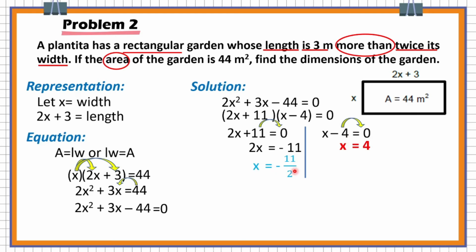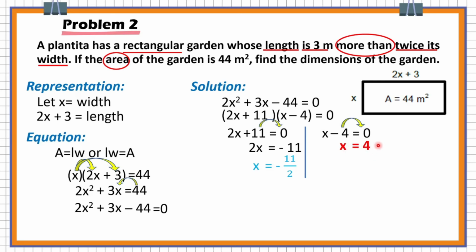Pag pinag-uusapan ang measurement o sukat, walang negative na value. So, pwede natin siyang alisin itong value na unang x or tinatawag natin siyang extraneous solution kasi hindi natin siya magagamit. So, ang gagamitin lang natin na sagot is x is equal to 4.